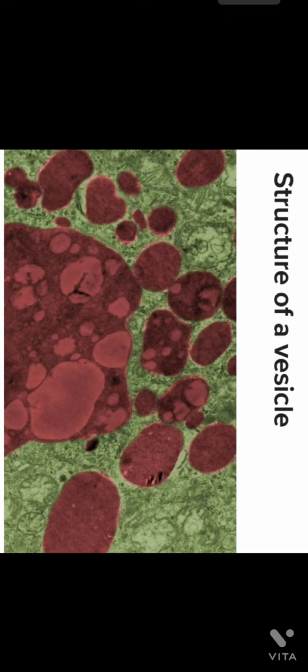Then the secondary lysosome. Phagosomes means the foreign bodies enter with the dead cells. Along with the dead cell, foreign bodies also enter, and the dead cell enters the living cell.